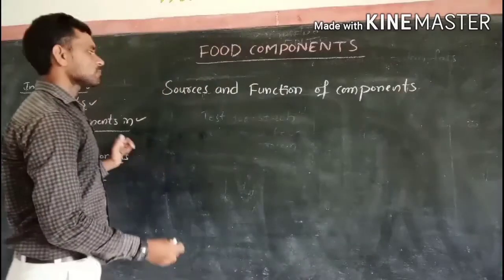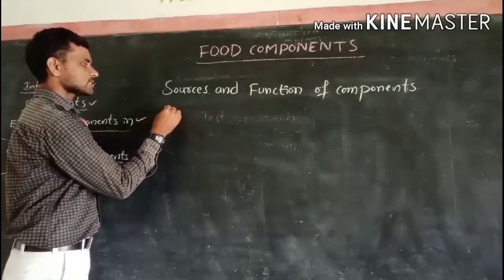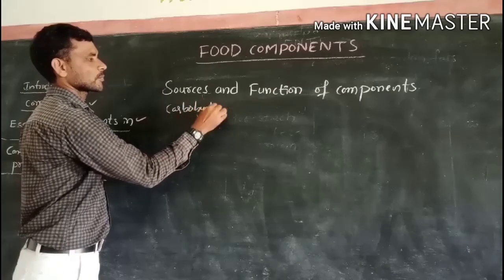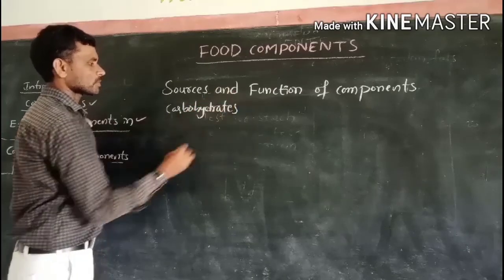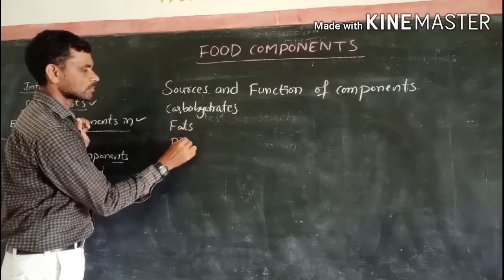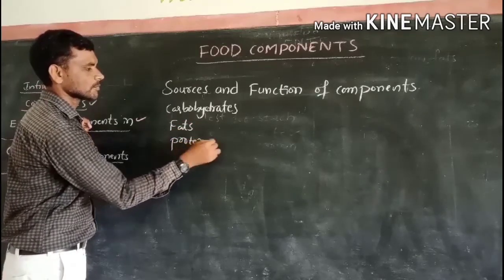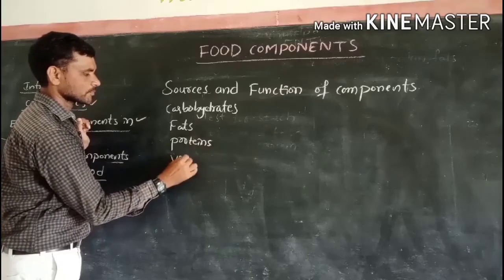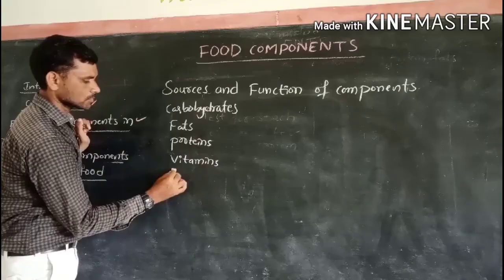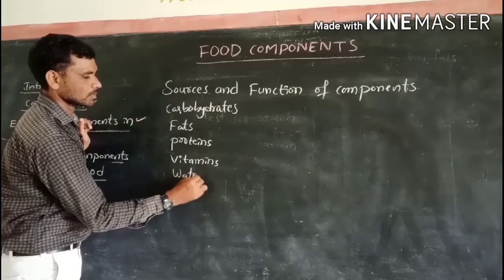So there are 7 important components, being essential components: carbohydrates, fats, proteins, vitamins, minerals, water, roughages.